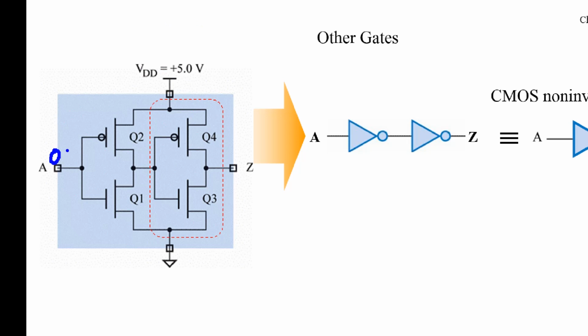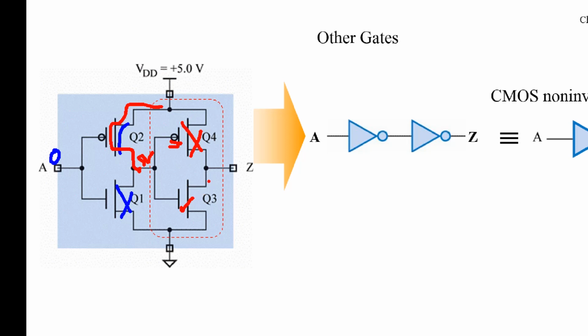For example, when you apply 0 here, active low, so it turns on Q2 and Q1 turns off because it's active high. So now this point connects to VDD, 5 volt, and this one is active low, but this one is active high, this one off, this one on.